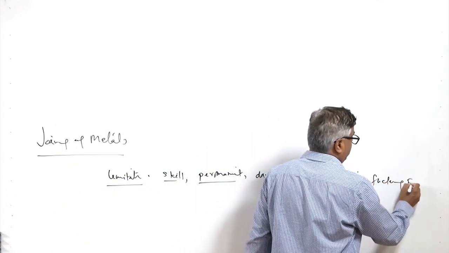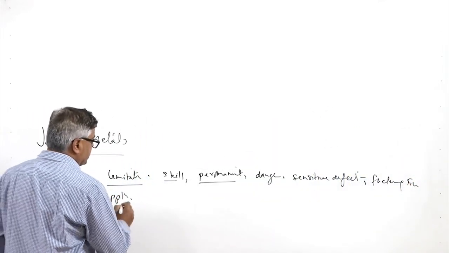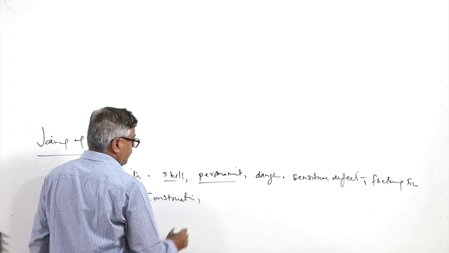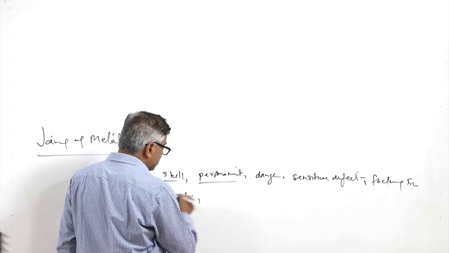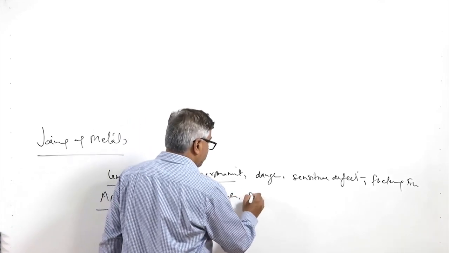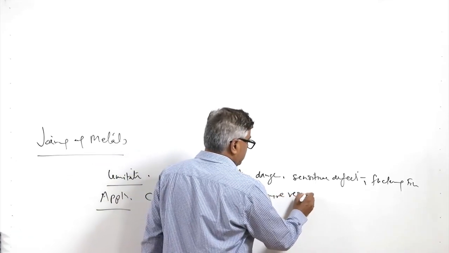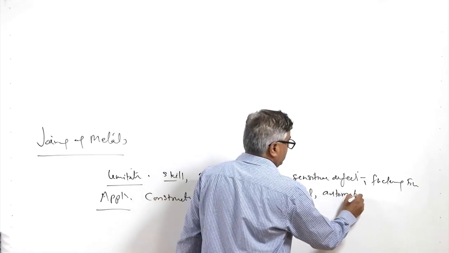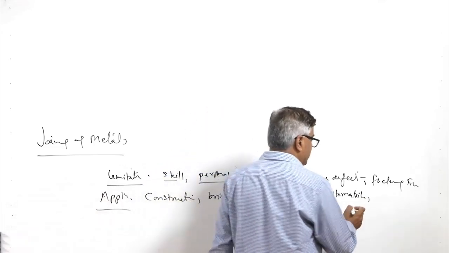Most of these can be made in a factory environment only. If we see the applications of joining processes, mostly these are used in the construction industry for joining various parts and components, then bridges, then pressure vessels like penstocks, pipelines, automobiles. Most automobile systems have a lot of weld joints, mostly spot welds.